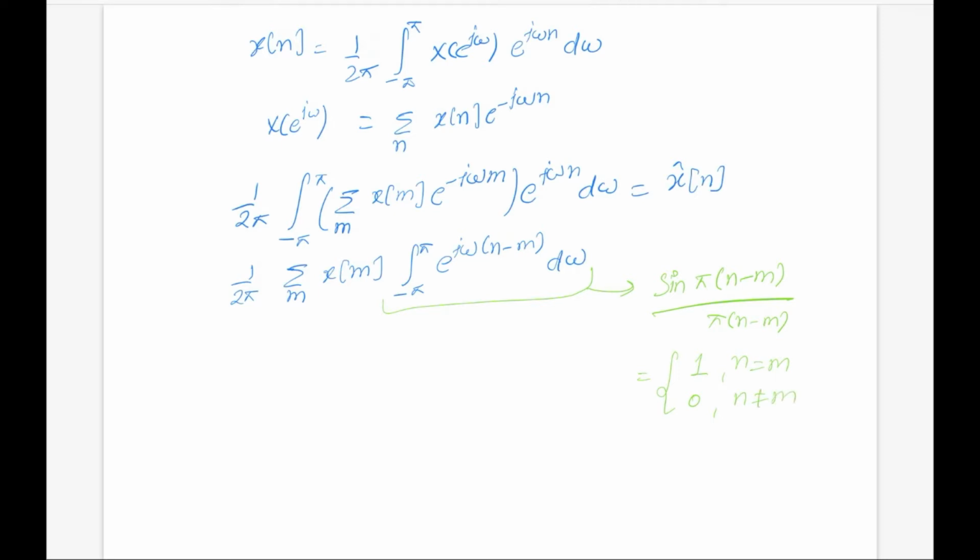In other words, x hat n is equal to the summation over m of x[m] δ[n-m], which is basically nothing but x[n]. Hence proved that these two operations are inverse of each other.